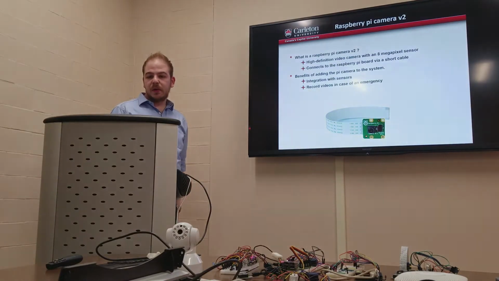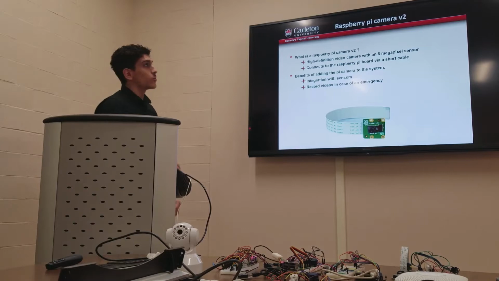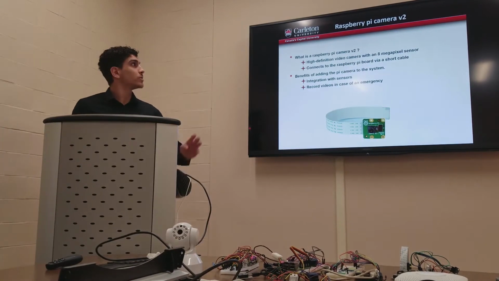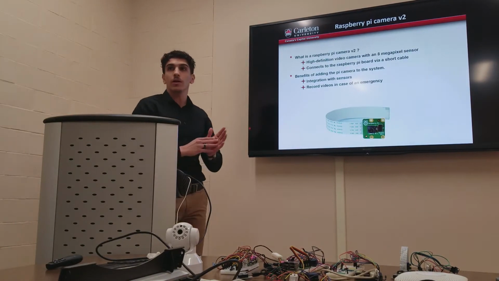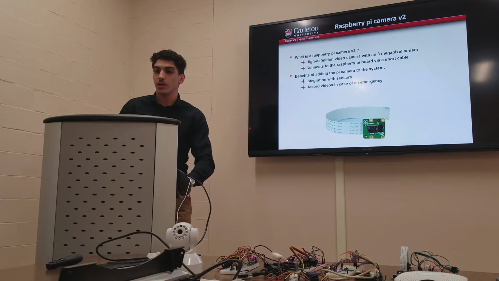So now Reda will cover the camera for the project. Hello everyone. Today I'm going to be talking about the first element in the project, which is the camera. I want to start my presentation with introducing the Raspberry Pi camera and with a brief definition. So what's the Raspberry Pi camera?